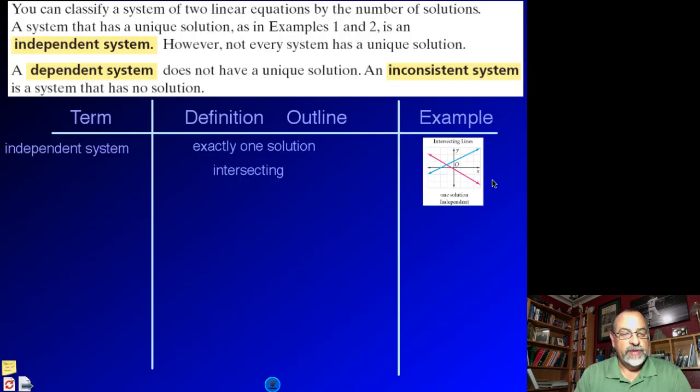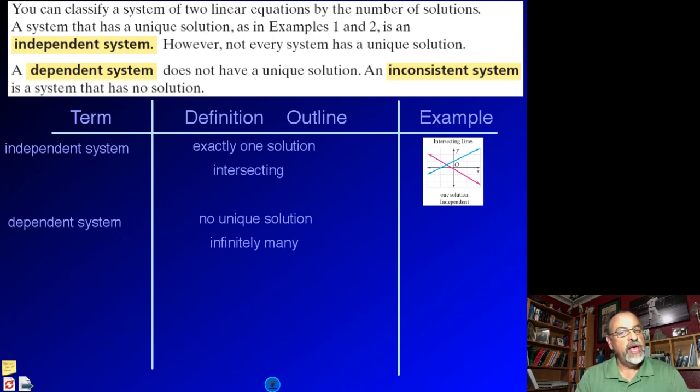The second type of system that we have is called a dependent system, and this is a system that does not have a unique solution, meaning it has a solution, but it's not just one point like we have in our independent system. So for the dependent system, there is no unique solution. In fact, there are infinitely many solutions, because we are talking about two equations, but it just so happens that those two equations are actually the equation of the same line.